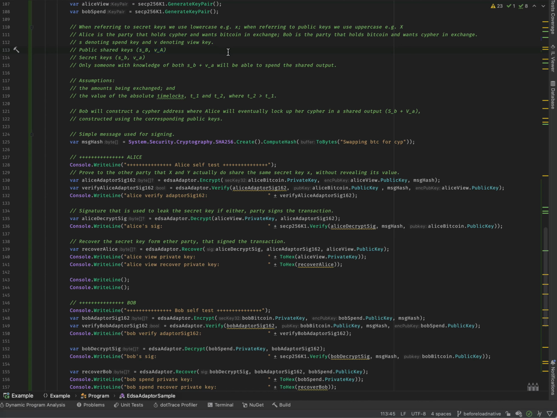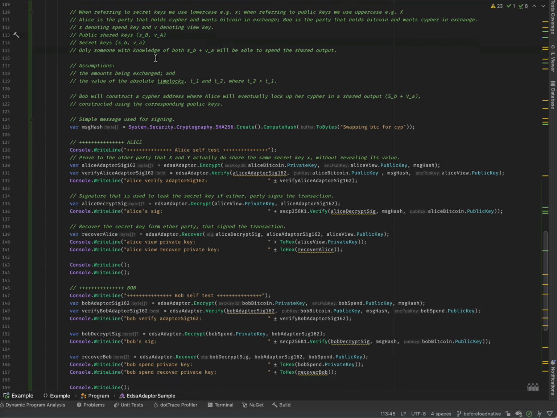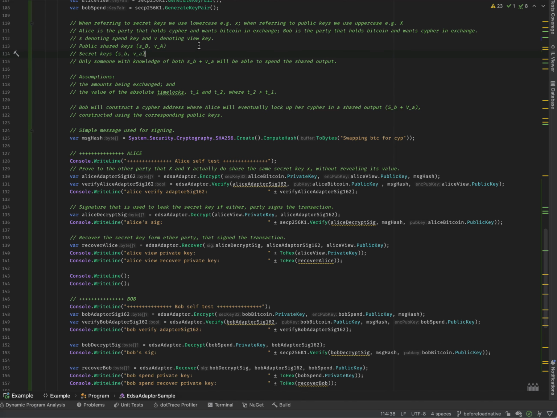So they will know each other's key pairs, and what they keep secret is Bob's scan key and spend key, and Alice's view key, which she doesn't give to him, but she will give to him once the swap is complete, so that Bob can take over the address.